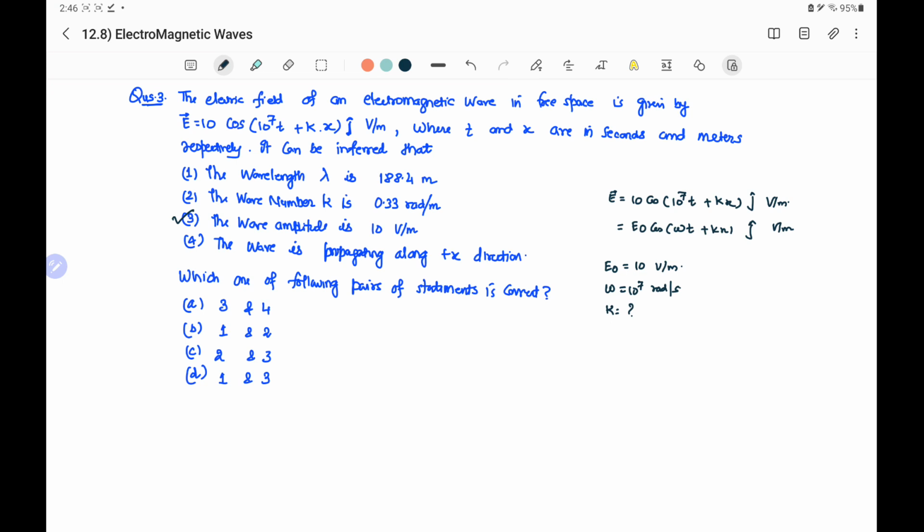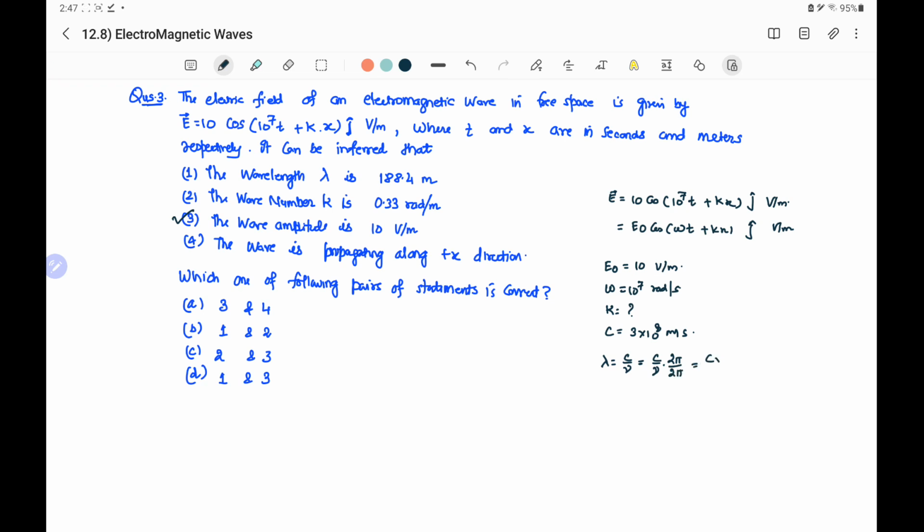Because electromagnetic wave is propagating in free space, the speed of the wave is 3 into 10 to the power 8 meter per second. So wavelength lambda will be equal to c by nu, or we can also write it as c by nu multiplied by 2 pi and divided by 2 pi.